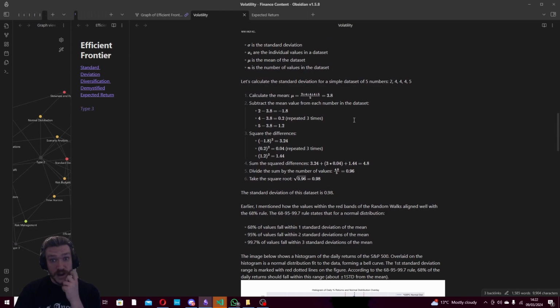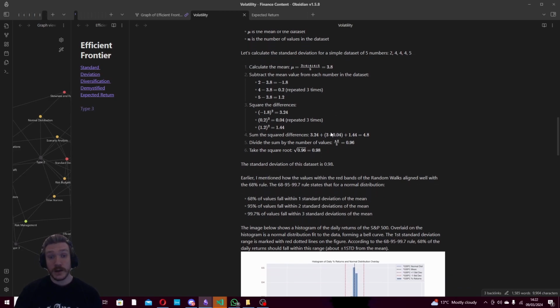So, using a very simple example, if we have a data set of 5 numbers, 2, 4, 4, and 5, and yeah, this isn't percentage returns, it's just a demonstration. You get your mean, add them all together, divide by how many there are, get our mean of 3.8. Then what we do is we subtract that from each number in the data set, minus 1.8, 3 lots of 0.2, and 1.2, okay?